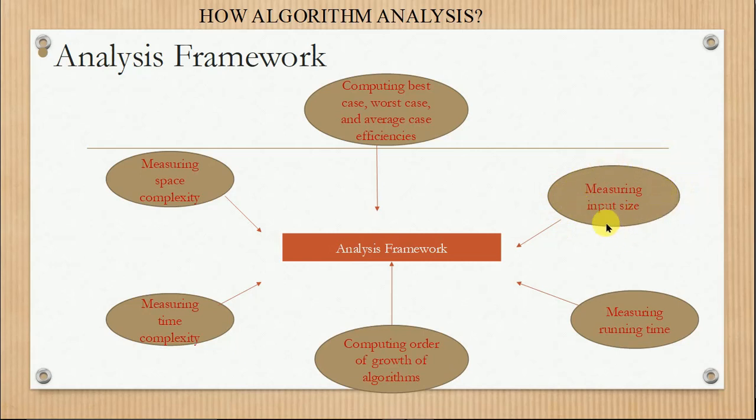That is n elements, that is my input size, or sometimes it is n square elements, or sometimes only one element, sometimes only two elements, depending on which type of problem you are solving. Depending on that, you need to measure the size of the input. Either 10 numbers, that is the number of elements is n, or only two inputs, for the addition of a and b the input size will be 2. Like that.